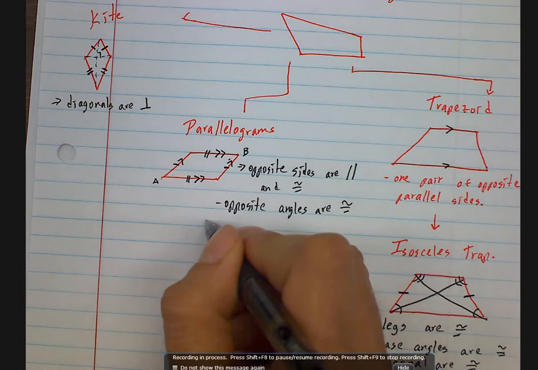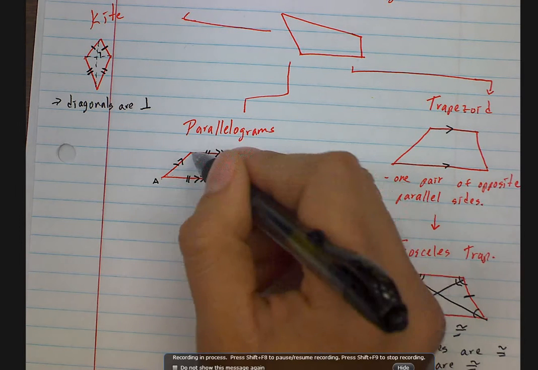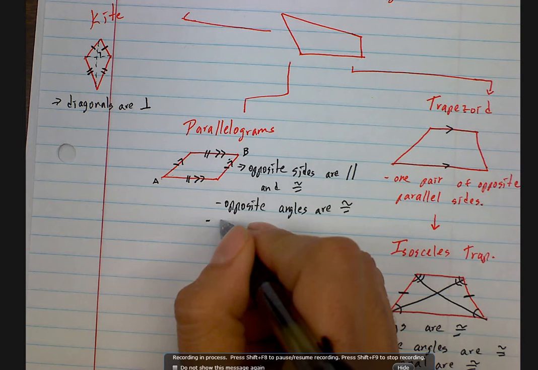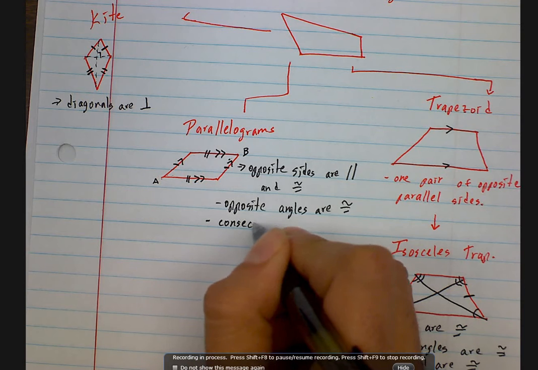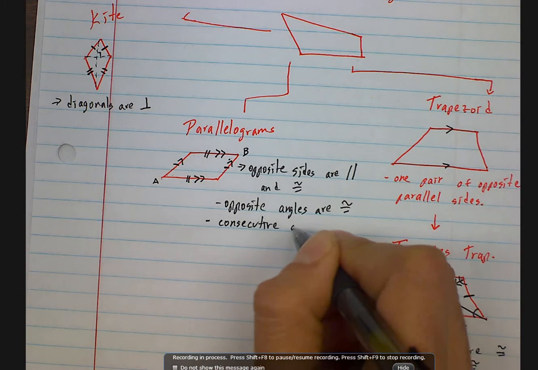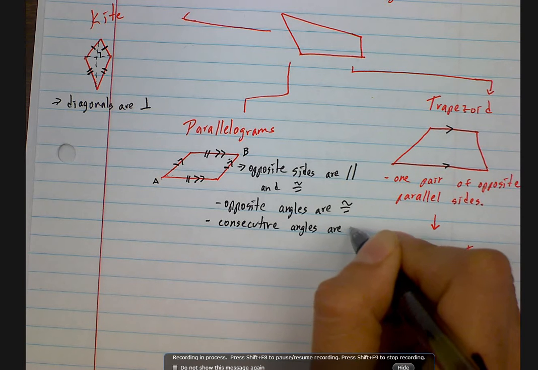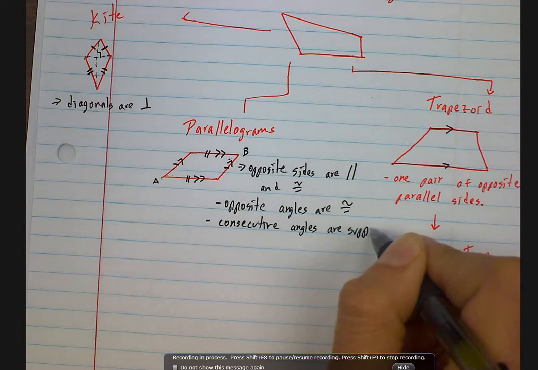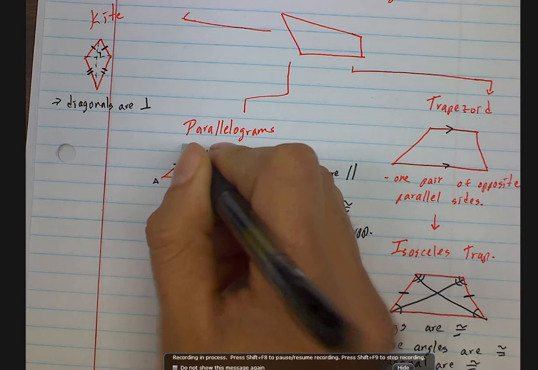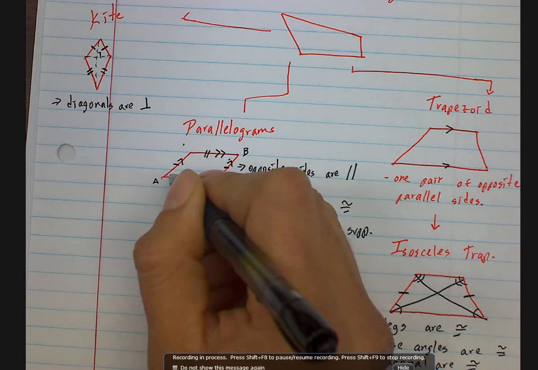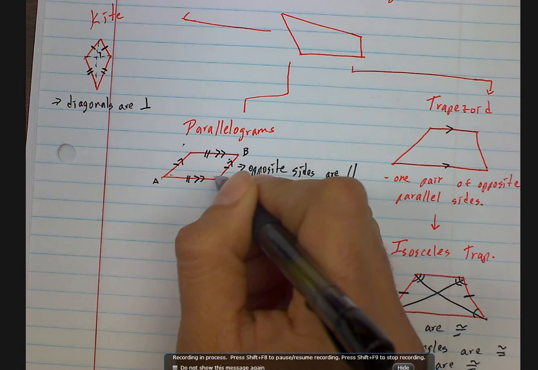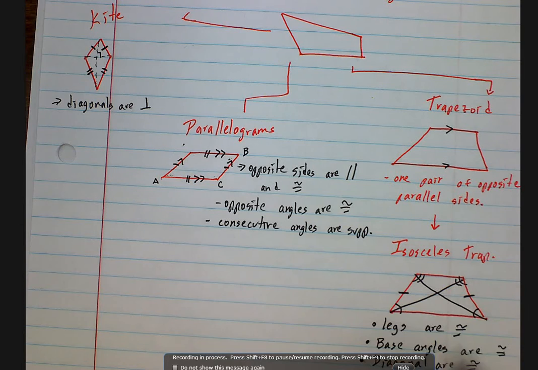They can also be obtuse, like this one. Now we also know that consecutive angles are supplementary, meaning they add up to 180. So angle A and C are consecutive, so they are going to add up to 180.